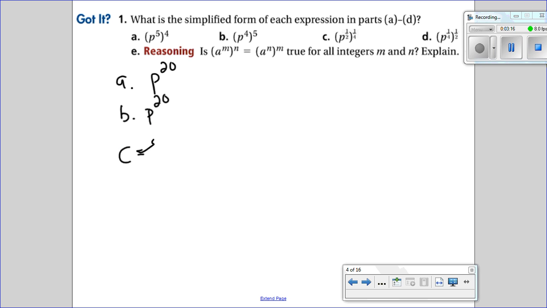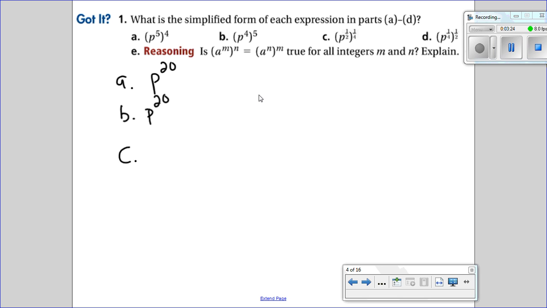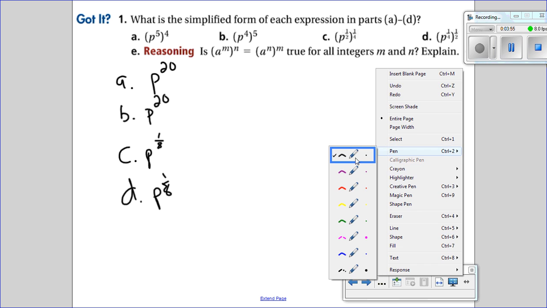C, one half times 1/4 is going to be p to the 1/8. And the same with D, p to the 1/8. Okay? Hopefully my pen is going to work for me.